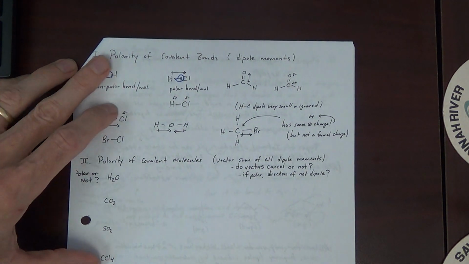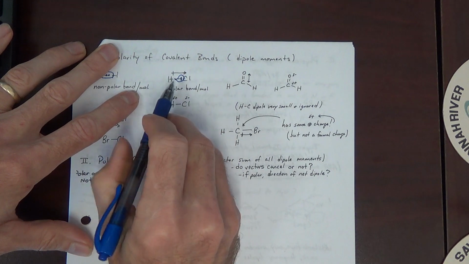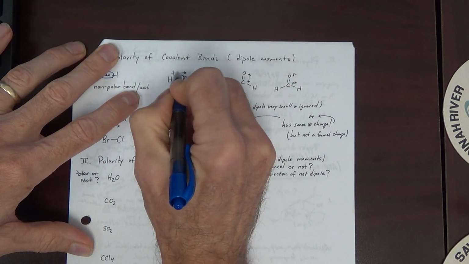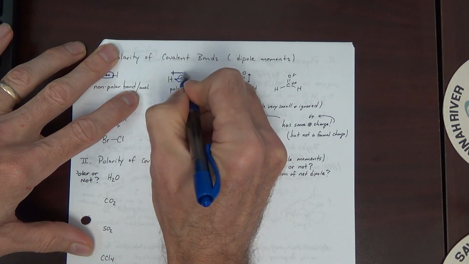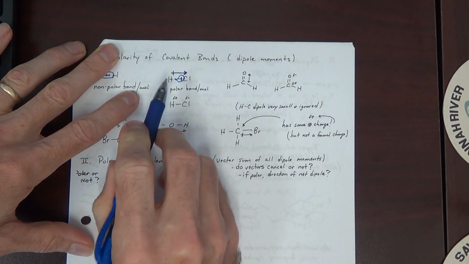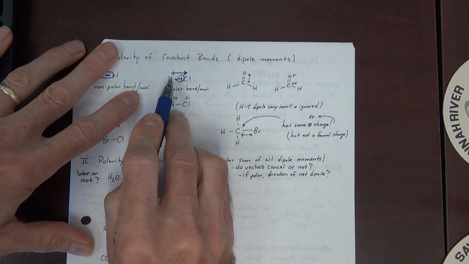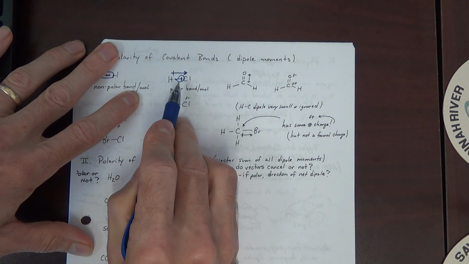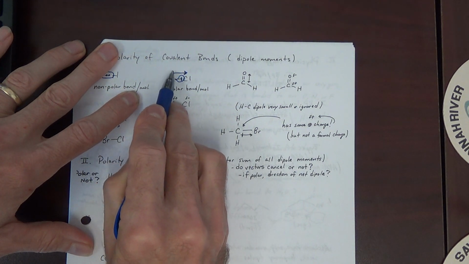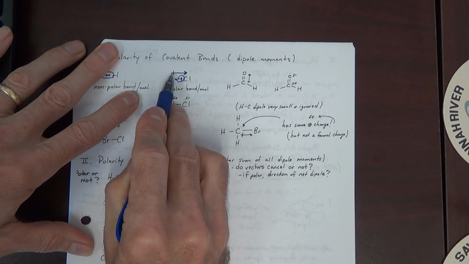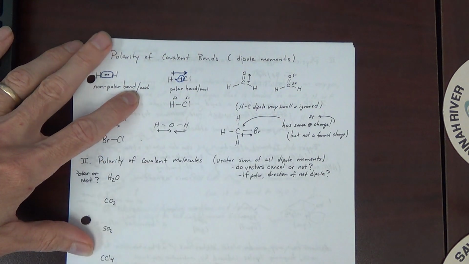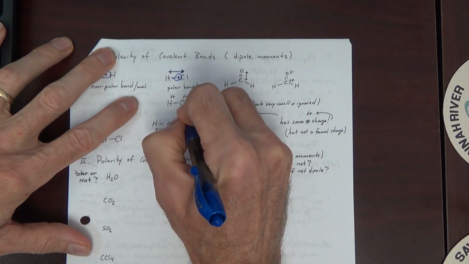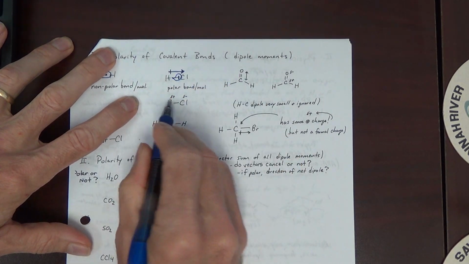A very generic description here is to draw a dipole arrow with a positive on one end. It's an arrow showing how the electrons are moved. They're moved in this direction to the right, and we'd show a little plus sign on the other end of the arrow. Now we can also indicate this by showing partial minus and partial positive charge.